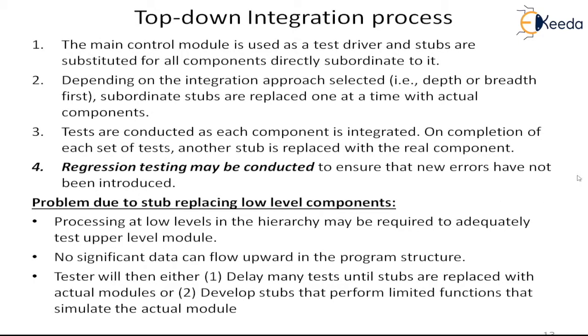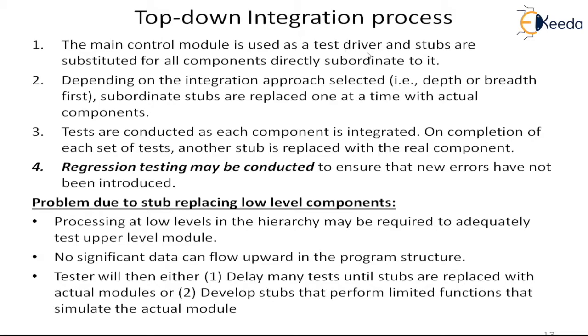So what happens? The main control module is used. So how do we go in the procedure? What are the steps we will take? So first we will take the main control module that is used as the test driver, and the stubs that we created in the unit test will now be replaced by the actual components, which are directly subordinate to the driver.